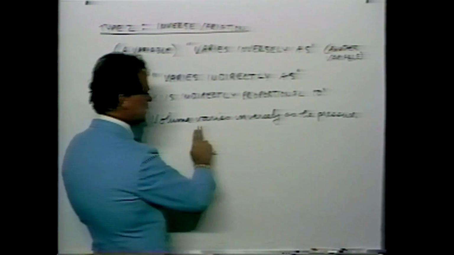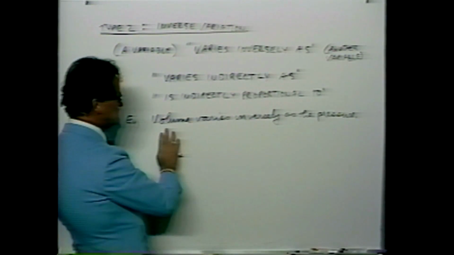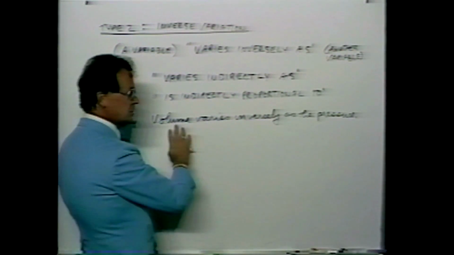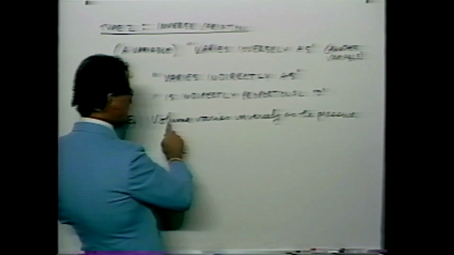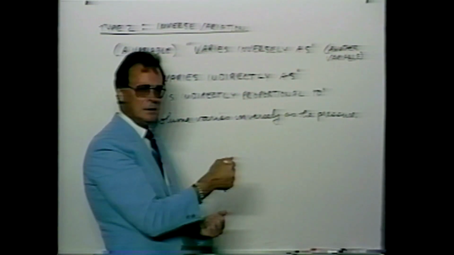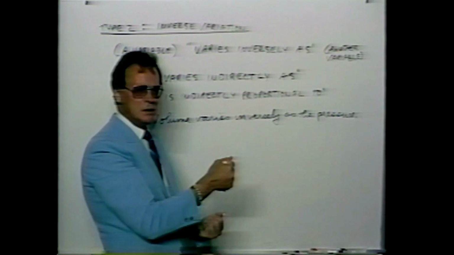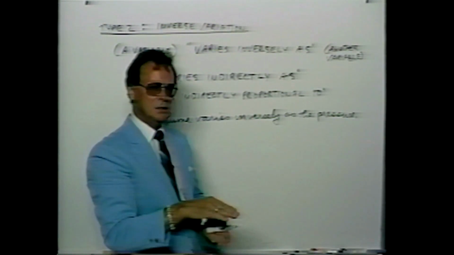If you think about what the sentence is saying, it goes something like this: if you're given the volume, such as a piston and a cylinder arrangement, then as you increase the pressure in that closed cylinder, the volume will decrease in size.